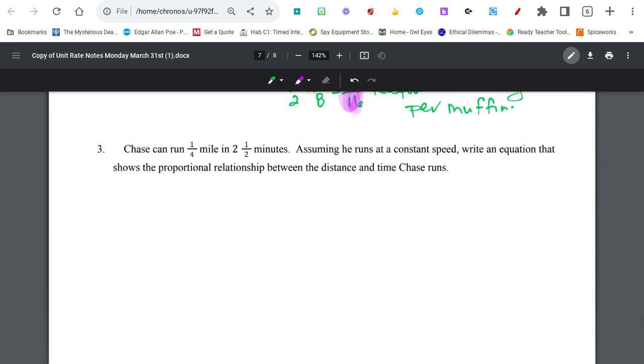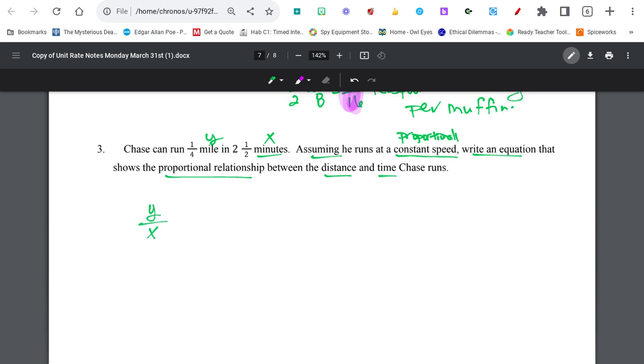It says Chase can run a fourth of a mile in 2.5 minutes. Well, I know this is x, and that's why you got time has to pass by before you can do anything. We're going to assume that his speed is constant, which means if it's constant, it's proportional. So we're going to assume it's proportional and write an equation that shows the proportional relationship between distance and time. Okay, so again, I'm just going to take y and divide it by x.